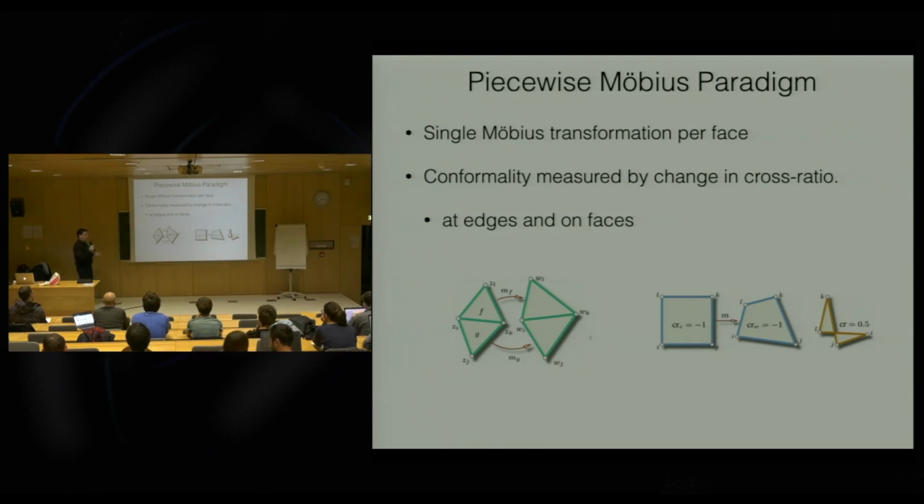That's my condition. Then I'm calling it piecewise Möbius. And I measure conformality by how much a cross ratio changes. So, for instance, this is in a complex plane, but it doesn't matter. If I do one transformation per F and one transformation per G, I look at the cross ratio change, and it tells me how much I have changed conformally.